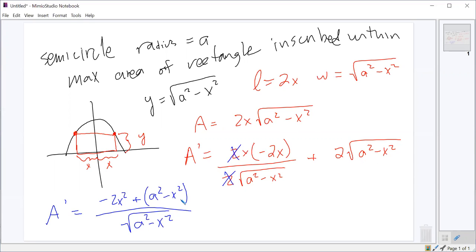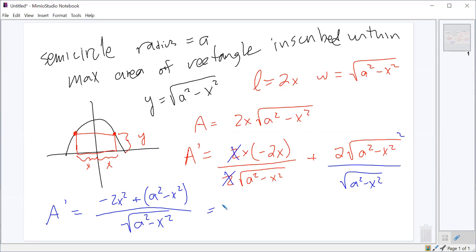And so we ended up with that because we just multiplied this by root a squared minus x squared over root a squared minus x squared. And that effectively squares that, or gets rid of that square root sign. And so what do we end up with up here in our numerator?